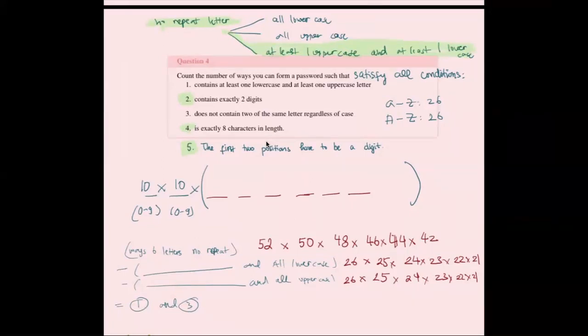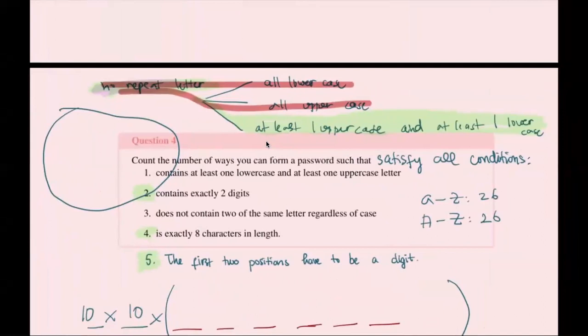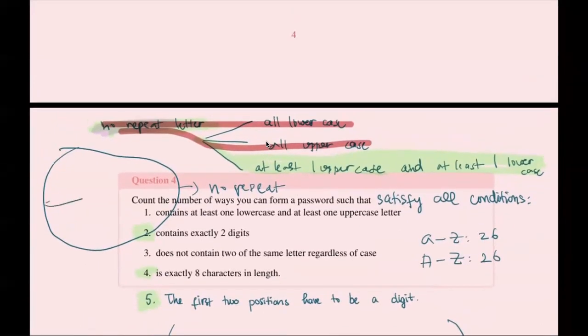Then what you have to do is take the number of ways to form 6 letters with no repeat, the whole thing here, and then subtract this branch and this branch because they form a partition. Think of this whole circle as no repeat. What do I have inside this circle? I would have 3 parts.